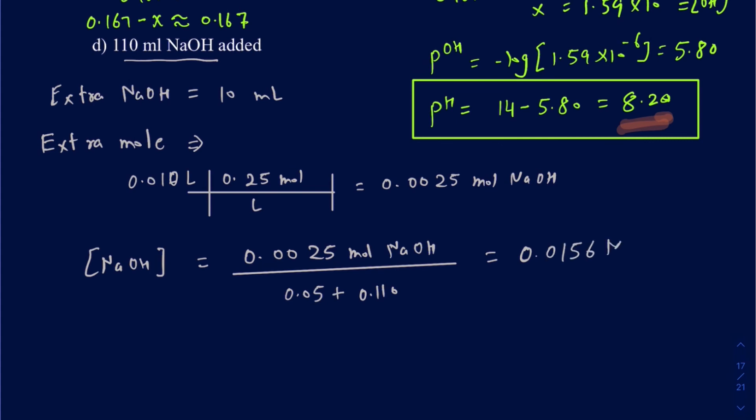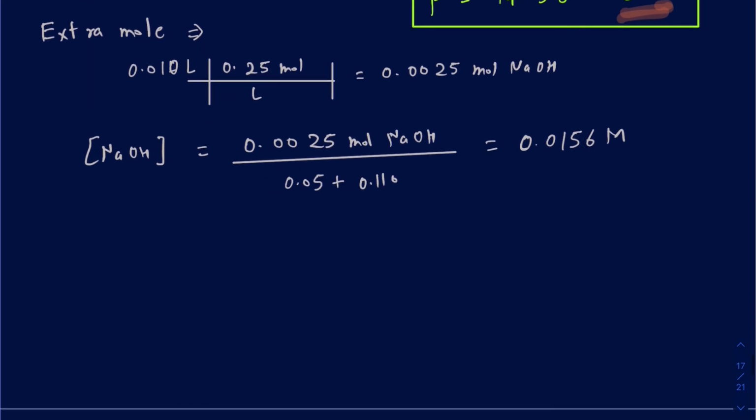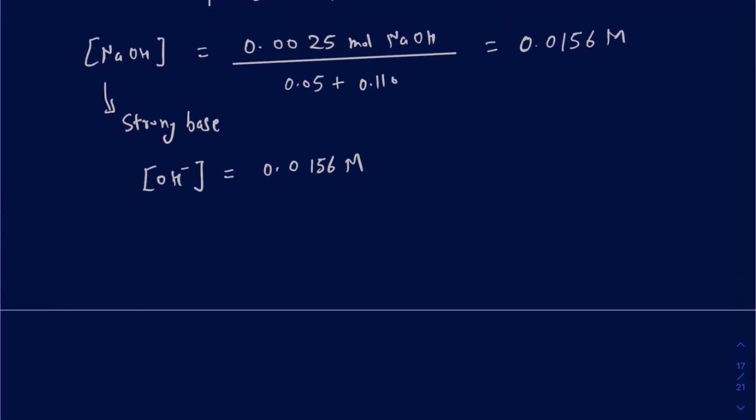So that's going to give you the concentration of 0.0156 molar. And also remember, this is a strong base or strong electrolyte, which is going to dissociate completely into ions. So that means your OH minus concentration is also going to be 0.0156 molar. And then we know the OH minus concentration, so that means we can go ahead and calculate the pOH by doing negative log of this 0.0156 here.